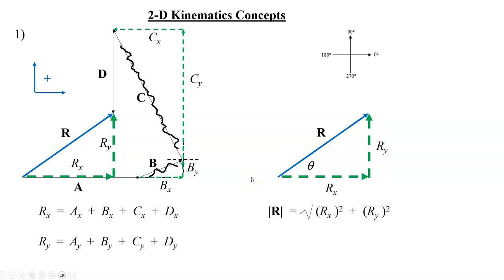Now you can choose any of the inverse trig functions you like. I happen to prefer doing inverse tangents just because we already found Rx and Ry by combining all these components here, but then when we found the magnitude of the hypotenuse, very likely you had to round something along the way, and this is just a little bit easier, sometimes these are more round numbers. You'll get very similar answers regardless, but I tend to do it as inverse tangent.